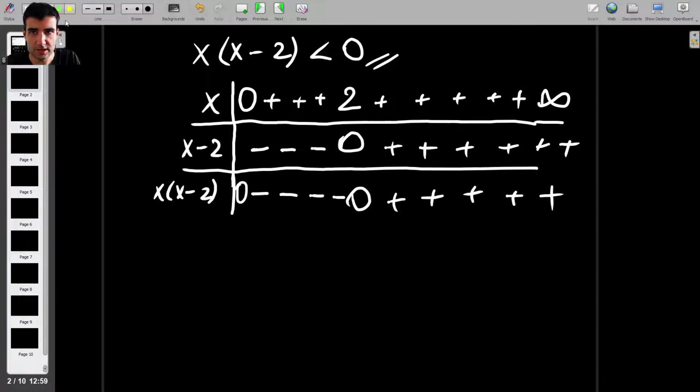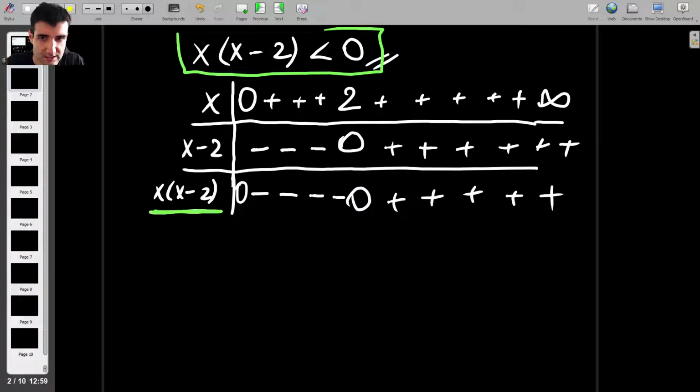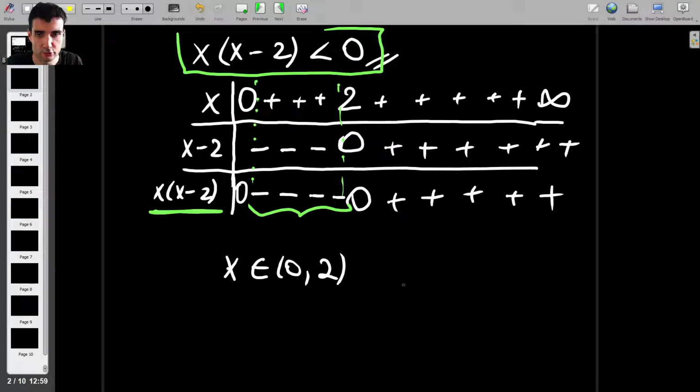Right, so that means for this to be negative, we have to look at what x should be so that this takes values in this range. And we can see that that range corresponds to 0 to 2. So in other words, if x is between 0 and 2, then this inequality holds.